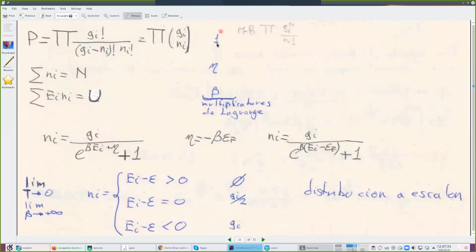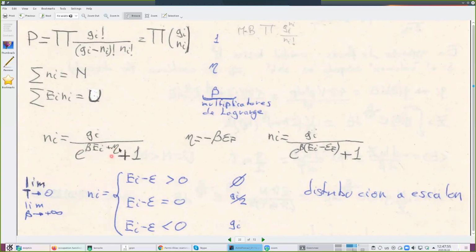The formula with the three Lagrange multipliers: one for the probability, eta for the number of particles, and beta for the energy. So in fact, you have this connection.